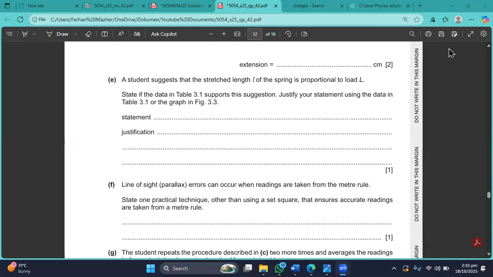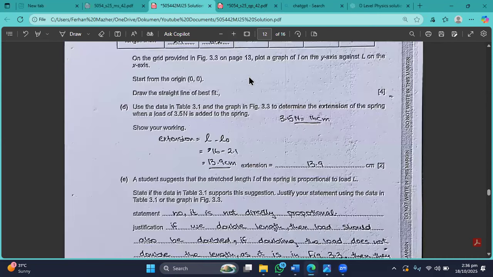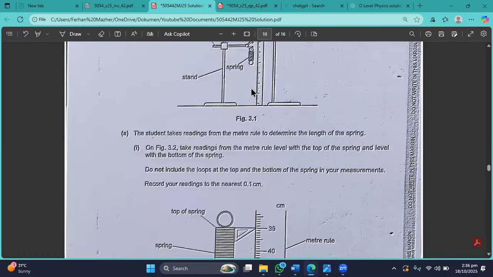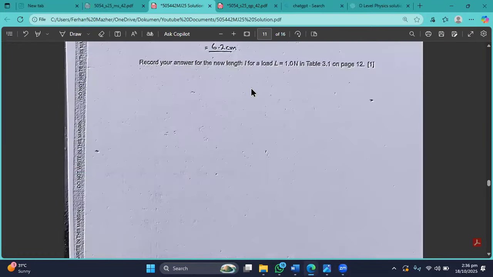So you see, a student suggests that the stretch length is proportional to the load. If the two quantities are directly proportional to each other, their graph is a straight line. It has a positive gradient and it passes through the origin. Let me go to that graph.